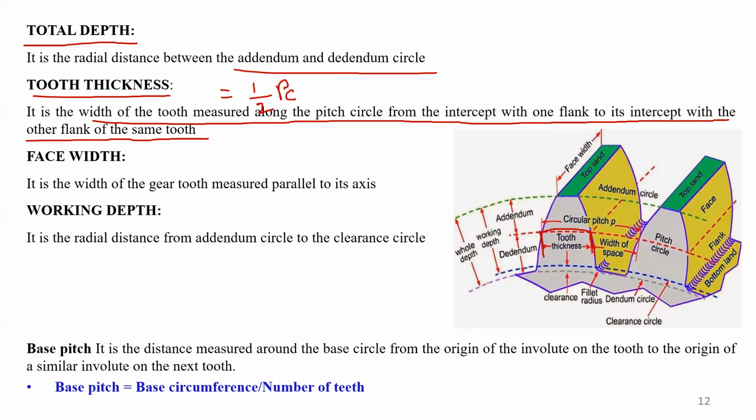Circular pitch means one tooth thickness plus one space width. But tooth thickness occupies half of the circular pitch. That is half into circular pitch, equal to pi d by t over 2, or half into pi into m, since d by t is m.